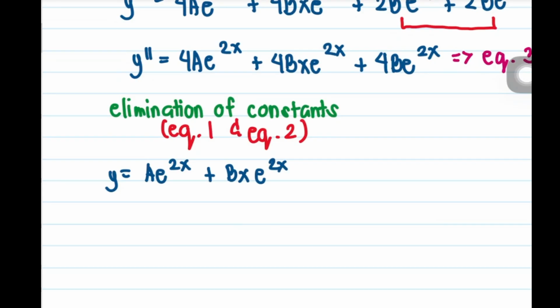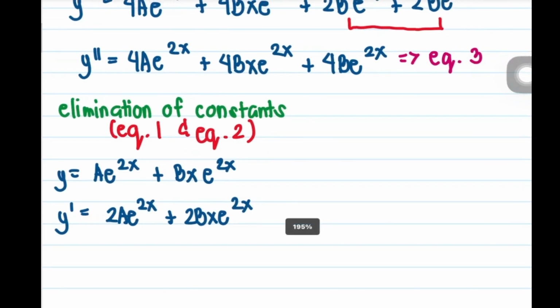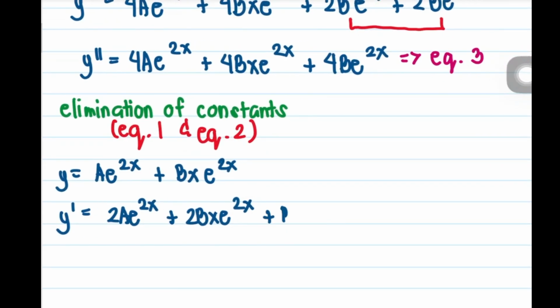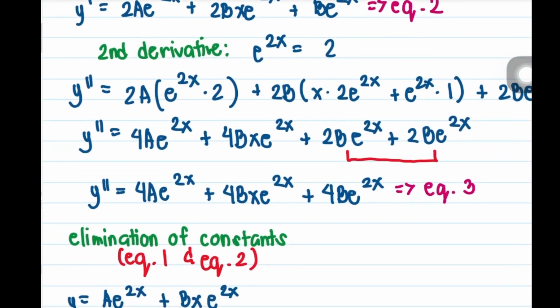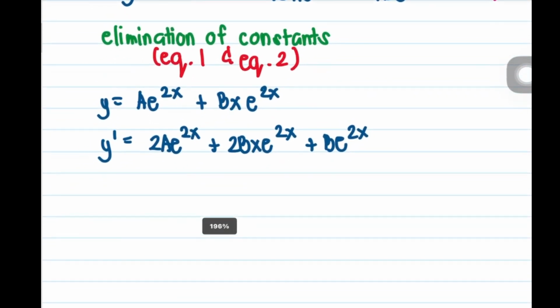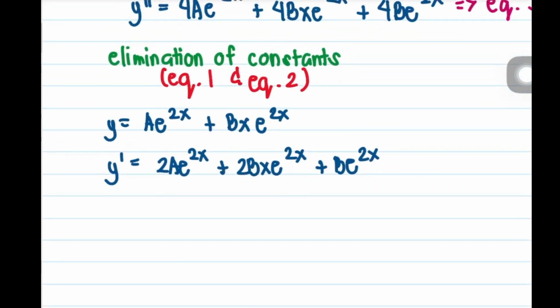Then the second equation is y prime is equivalent to 2a e raised to 2x plus 2b x e raised to 2x plus b e raised to 2x. So let's see if that one is the equation. Okay, correct.